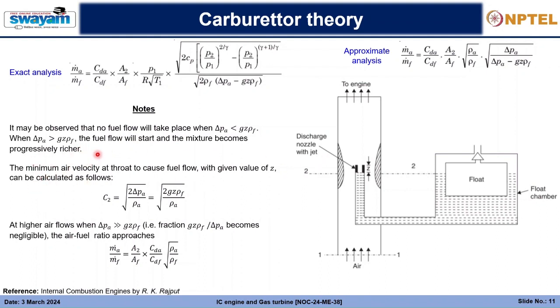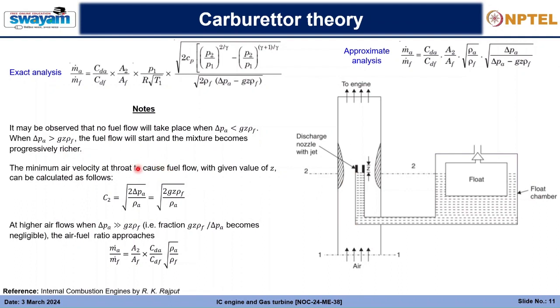Then the minimum air velocity at the throat to cause the fuel flow, with a given value of Z, can be given as follows. That is C2 of the air. You just have to differentiate the equation for getting the value of C2, and you will get this condition to get the minimum air velocity to cause the fuel flow.